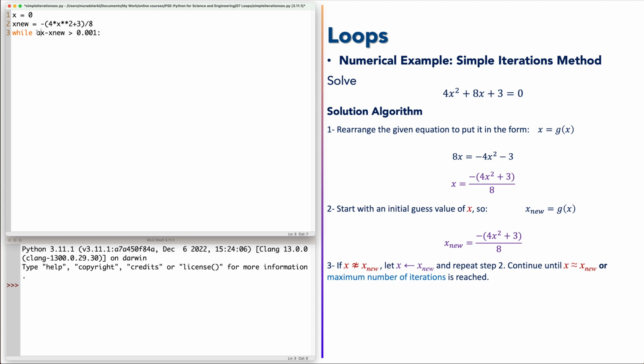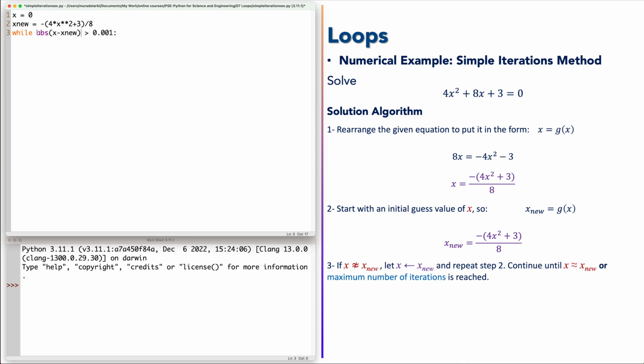So here we add the absolute function, so it always returns a positive value. So in this way, the statement while absolute value of x minus x new is larger than 0.001 means repeat the operations in the loop block as long as the difference between x and x new is larger than 0.001.